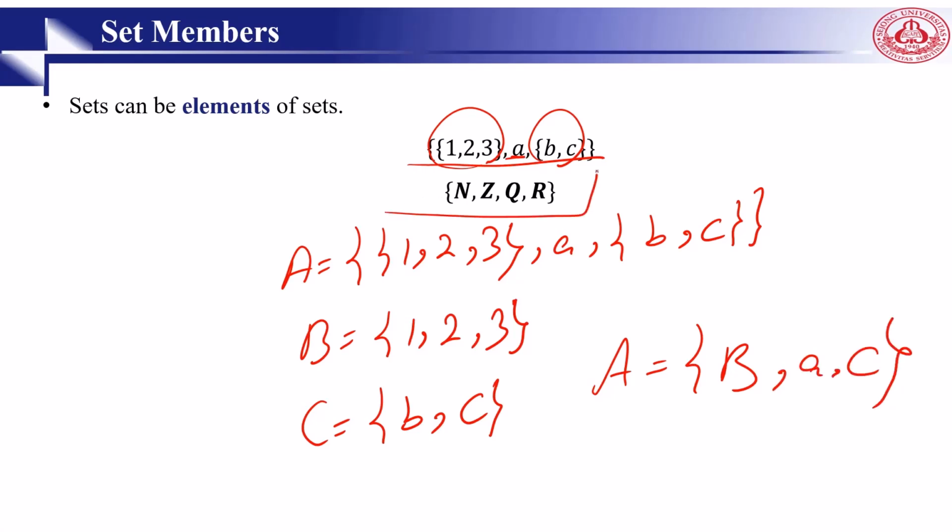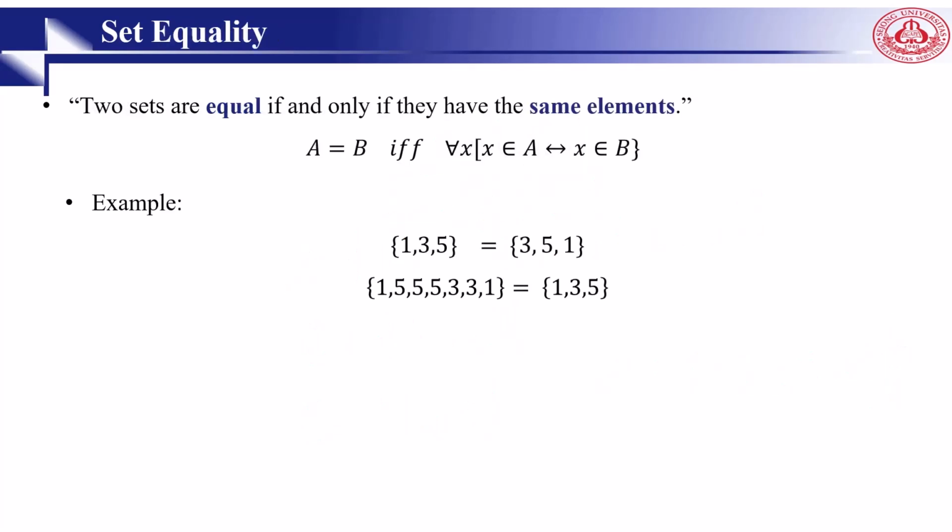Or you can see here a big set which contains different other sets: natural numbers, integers, rational numbers, and real numbers. A big set contains 4 other sets.